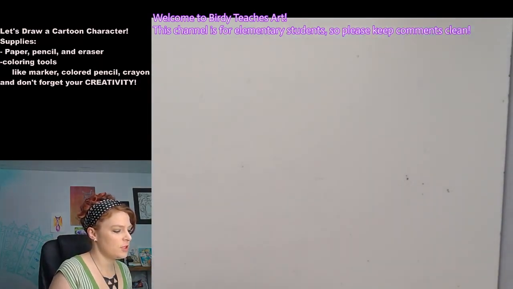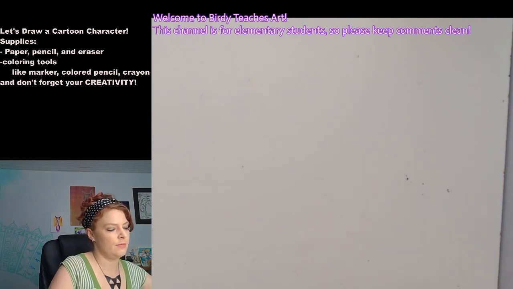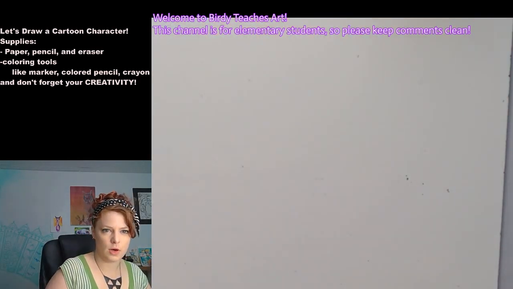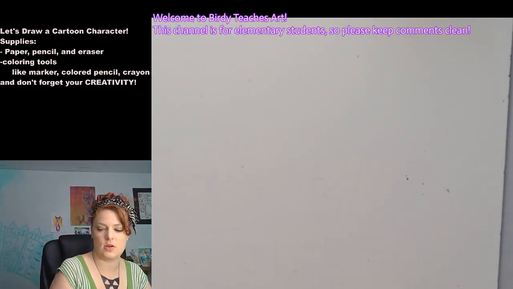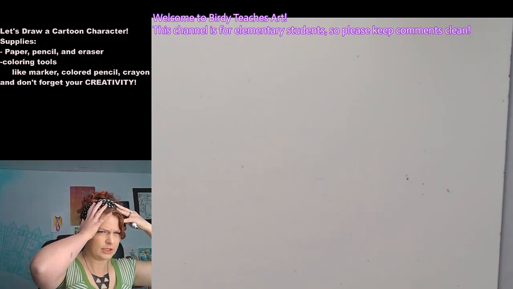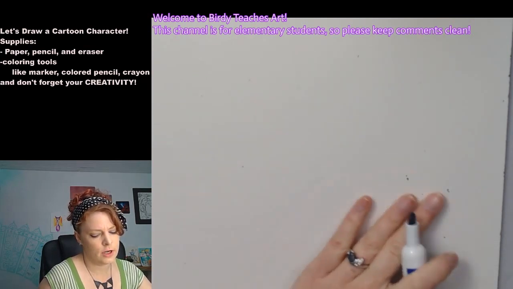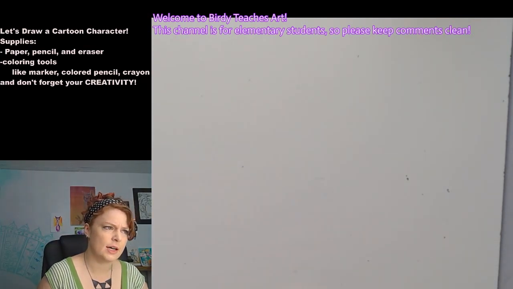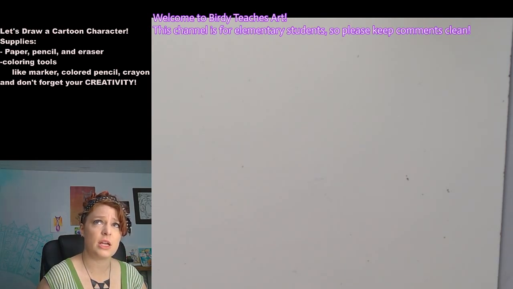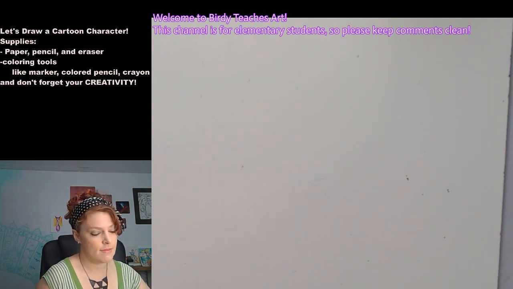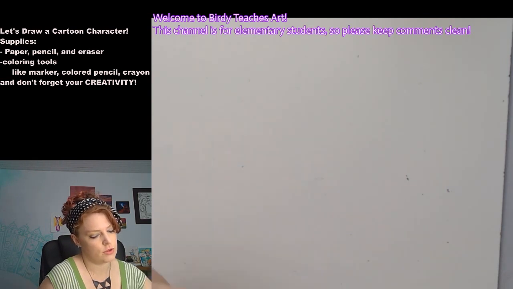Okay, so first of all, we're going to have to think about what we want to draw. So let's get into our creative mindset. So let's get on our creativity. Okay, so if we're going to draw a cartoon, sometimes it helps to think about drawing a cartoon character about something we know. Maybe you might want to draw cartoons of your family.